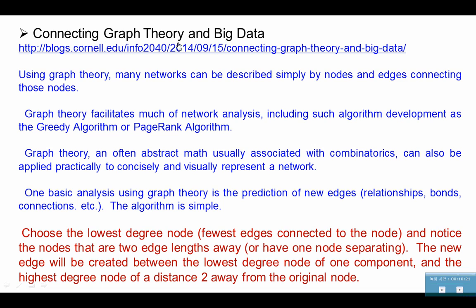Those are the kind of things that were found in the earlier paper that I showed you. And also recently, not only graph theory, a topological approach was used for big data, which is called topological data analysis, TDA. TDA also does the same thing.